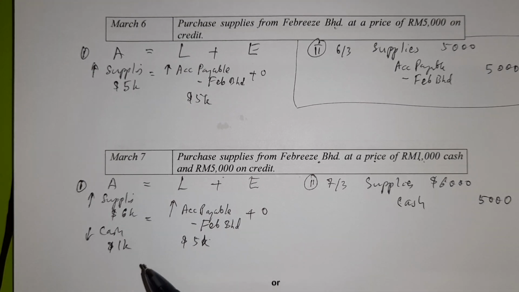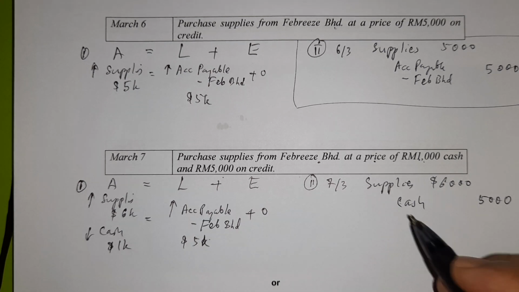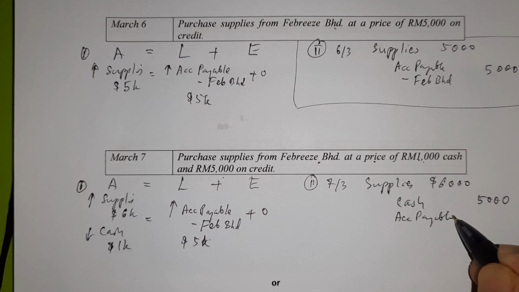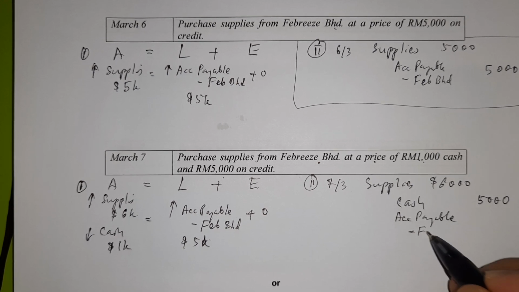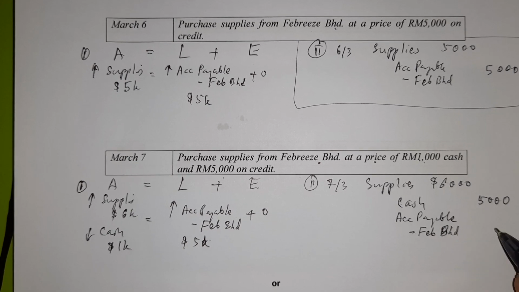Oh, I forgot. Okay, another one is liability increase, you credit. So credit account payable. The name of the supplier is Fibris Berhad. The amount is 5,000. See?